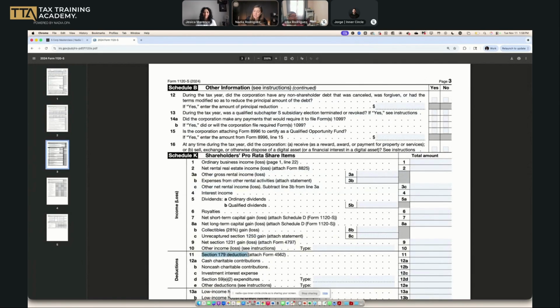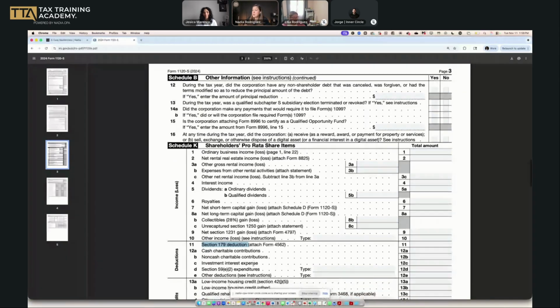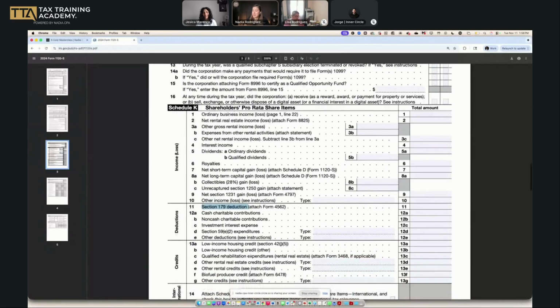Section 179 is limited to the income of each shareholder, so it can't generate a loss. They take it on their Schedule E, on their 4562, on their 1040. If it's generating a loss, it's disallowed and carried forward. They make it so difficult for us to separate a lot of this stuff.